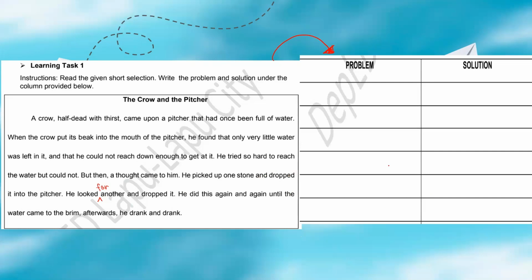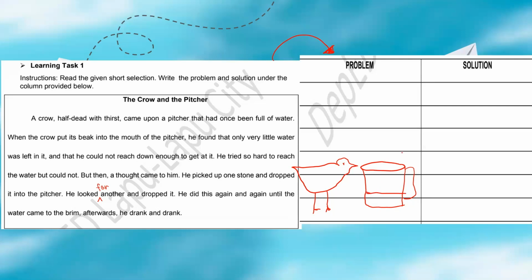To give you a clear illustration, this is the pitcher. I am not very good with drawing, but I hope you see what I was trying to do. So here comes a crow. It's a type of bird. Okay, so here's a crow, and this crow is very thirsty. He went closer to the pitcher, but he found out that the water in the pitcher is very limited.